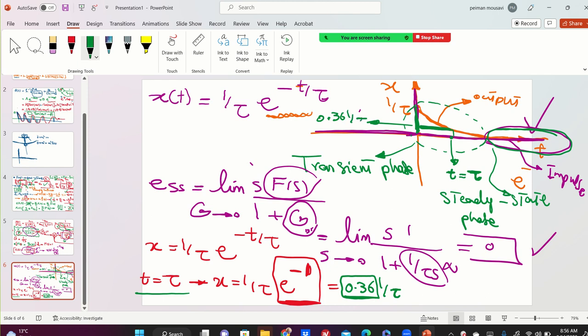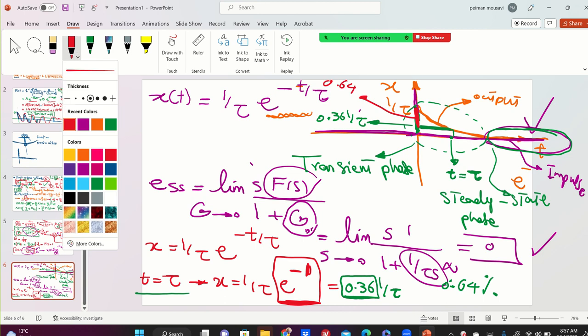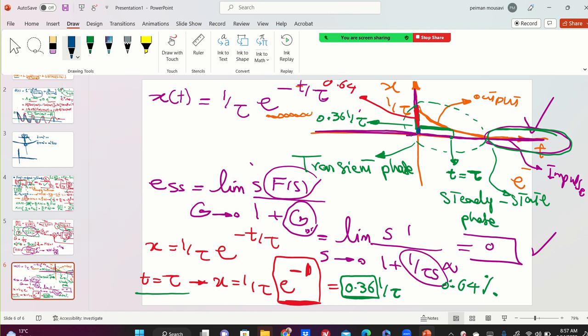At the time constant of the dynamical system, your output travels almost 64% of the distance to the final value. See what I'm saying? Here is 64%, and the rest here is 36%. This is the definition of time constant.